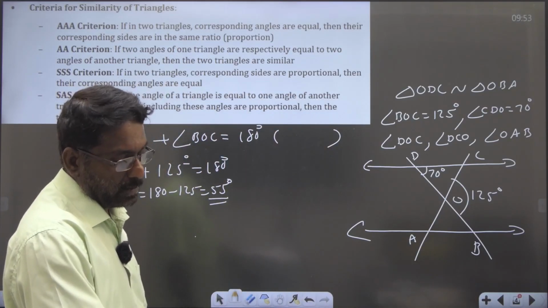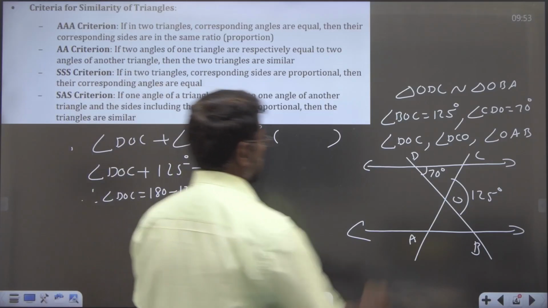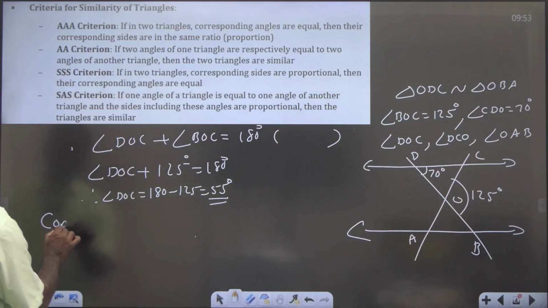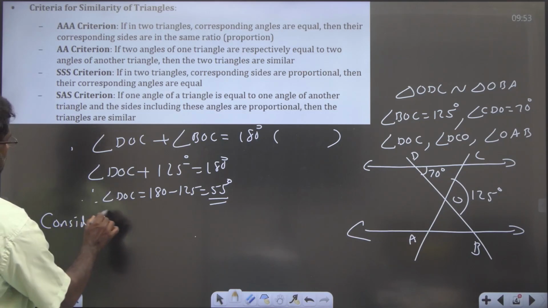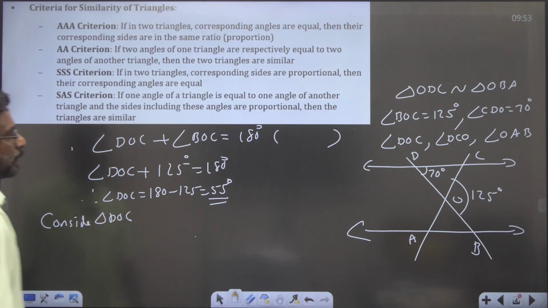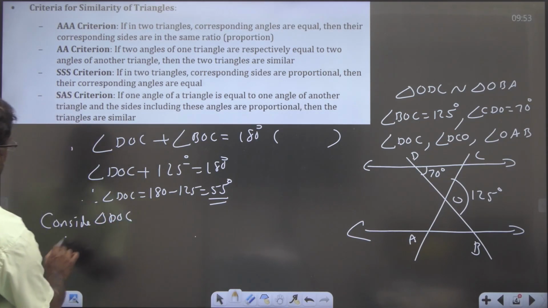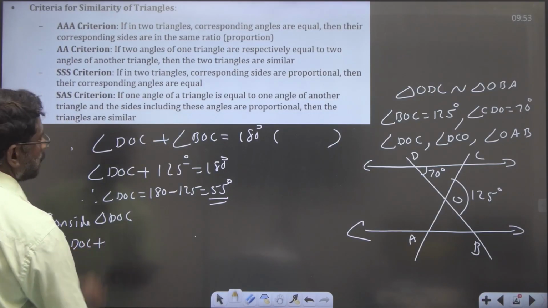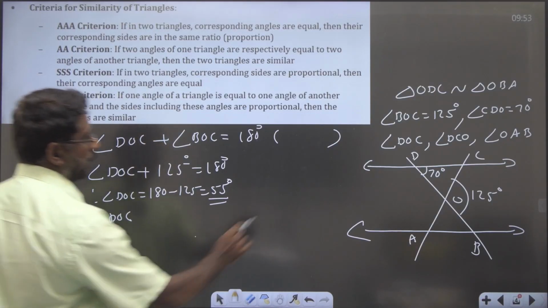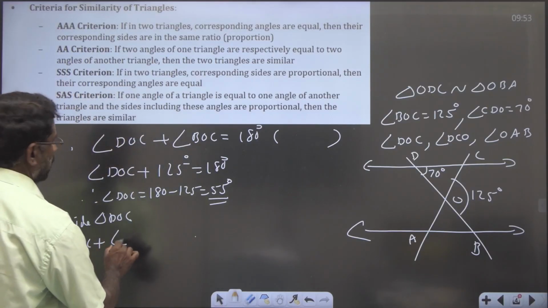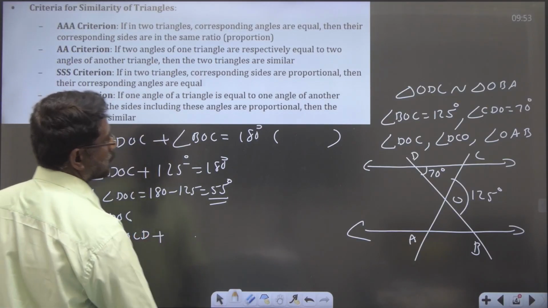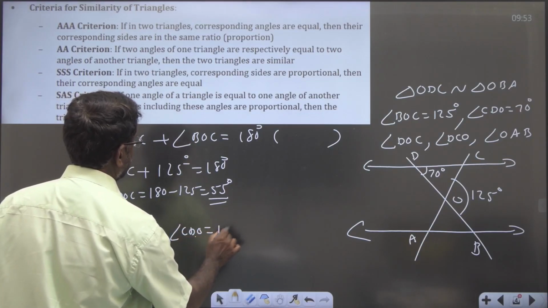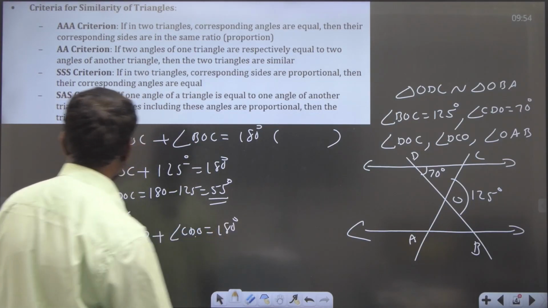Consider triangle DOC. Angle DOC plus angle OCD plus angle CDO, that is 180 degree.